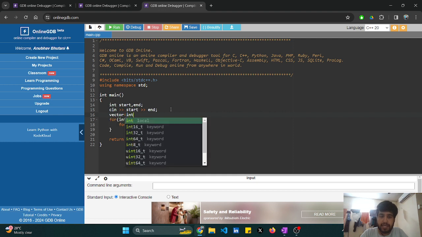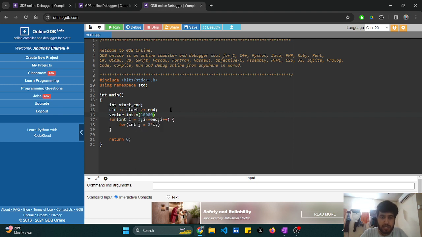Also, I am declaring a vector which will store, this is not infinite length, but this length you can give any length, and I'm marking all the numbers as my prime numbers. 1 means prime, and 0 means not prime. Okay, I'll start from this, I'll go till the end, I'll increment my j value by i.